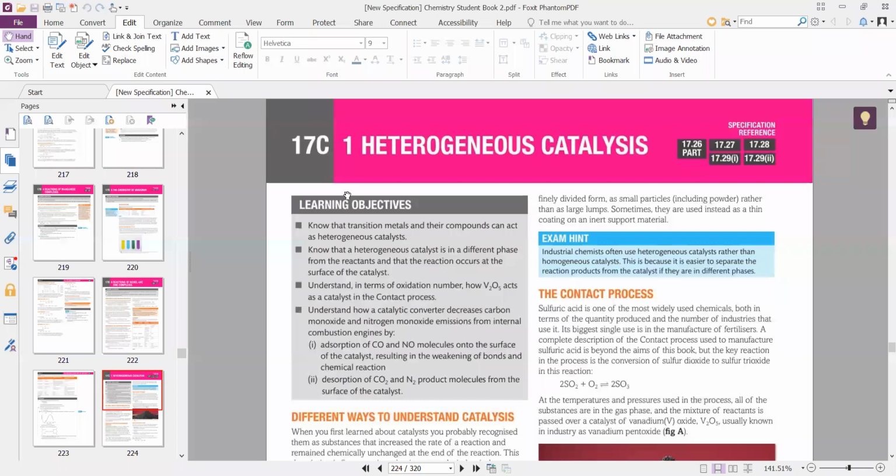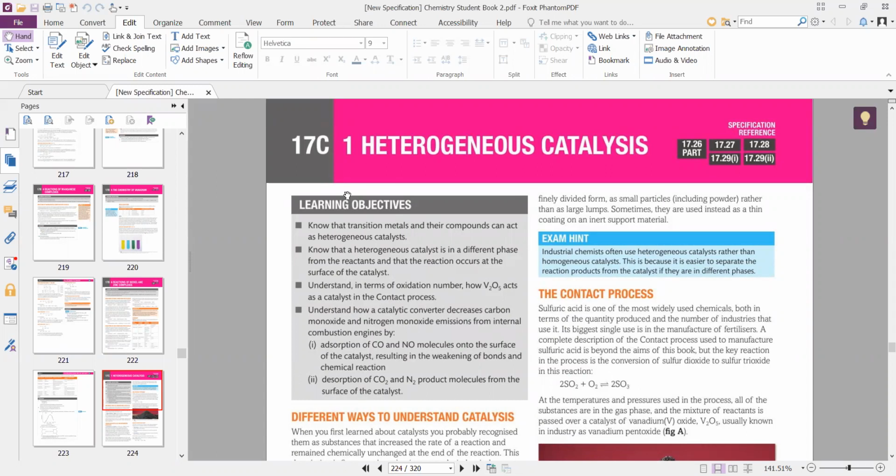Then again, unit 5. What is heterogeneous catalyst? Reactants and products are in the different physical state. Homogeneous catalyst: the catalyst, reactants and the products are in the same physical state.